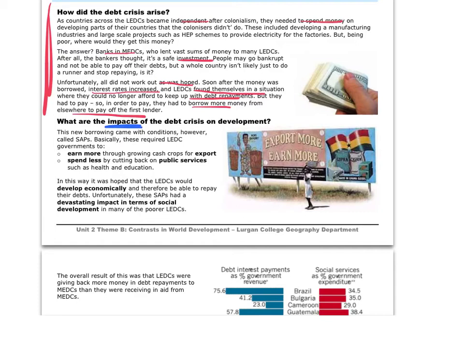Whenever the second set of loans came in, they came with conditions called structural adjustment programs, or SAPs. Basically, the banks wanted to make sure they would get their money back, and they did so by two types of conditions. The LEDCs had to earn more by growing cash crops for export, and they had to spend less by cutting back on public services. Now, it was hoped that this would help them to develop economically, but in terms of social development, it had dreadful impacts.